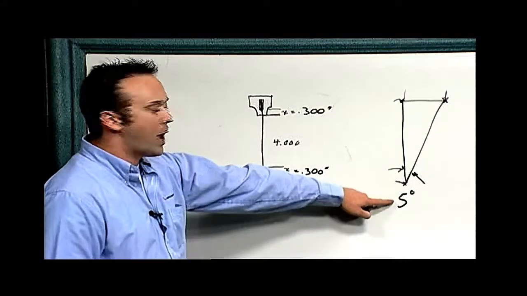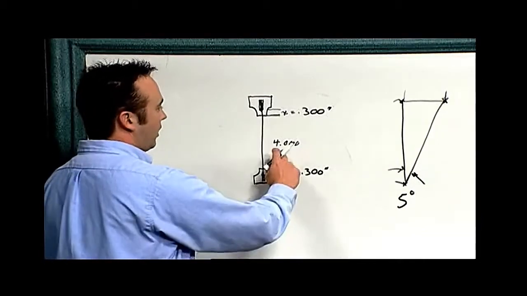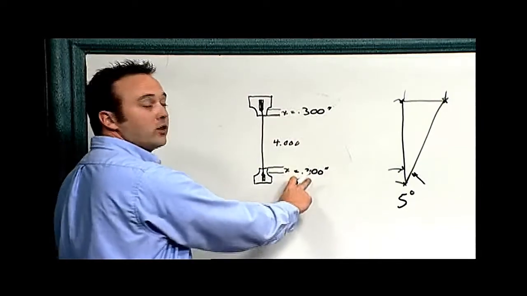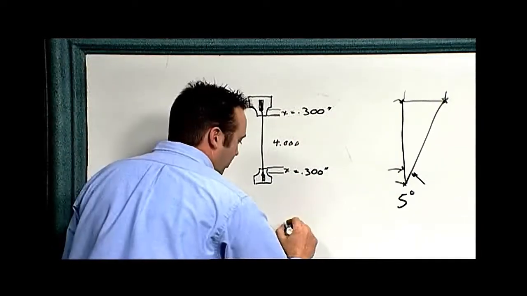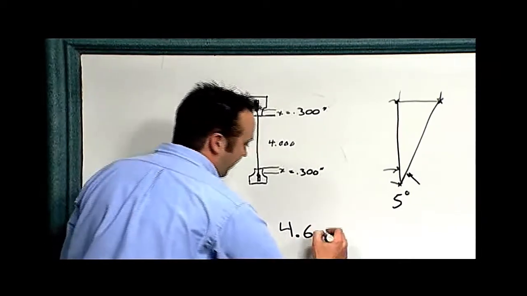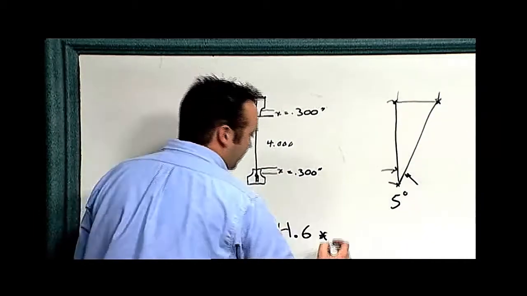So if my job is requiring 5 degrees of taper, what I'm going to do is take this total guide span of the head height of 4 inches plus the 300 thou and 300 thou for each constant, which will give me a total guide span of 4.6, and I'm going to multiply that by the tangent of the required angle that my wire needs to tip.